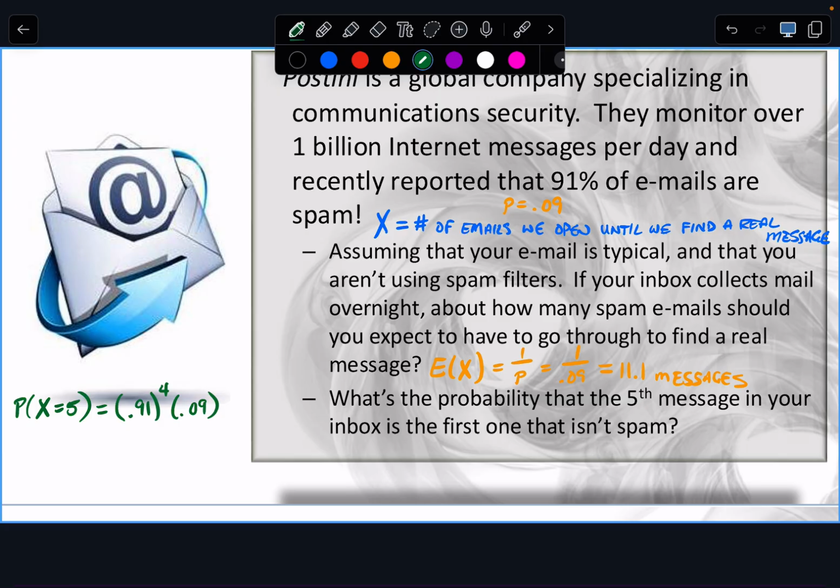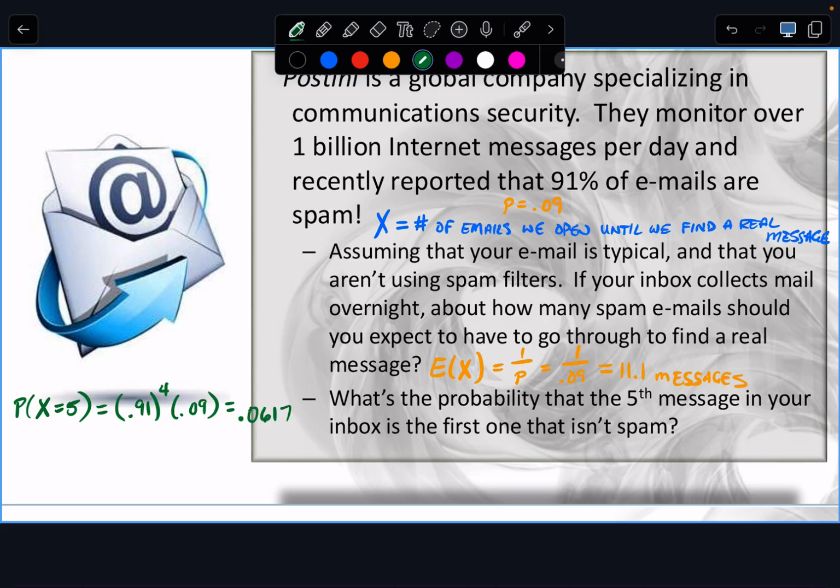And so if you plug that in your calculators, what do we get for a probability in this case? .0617.